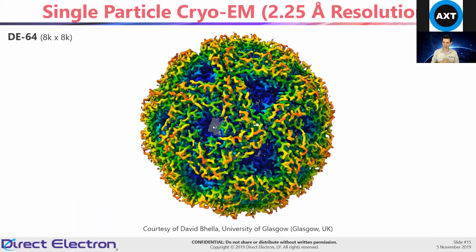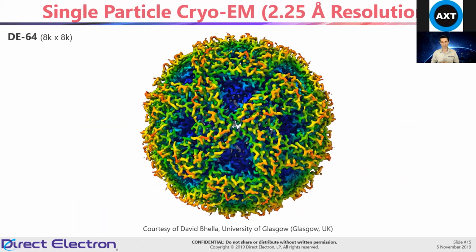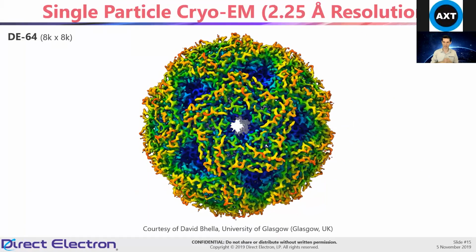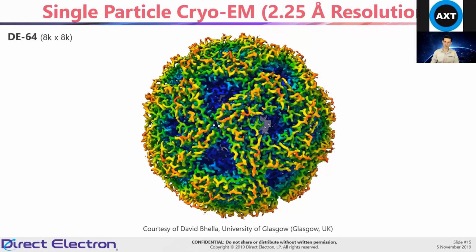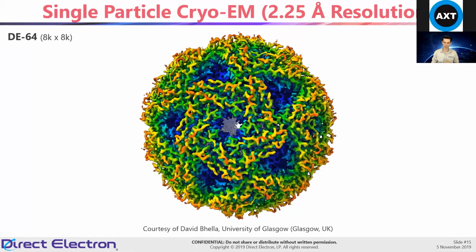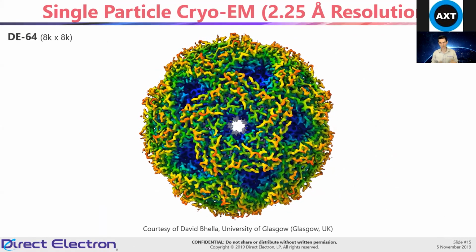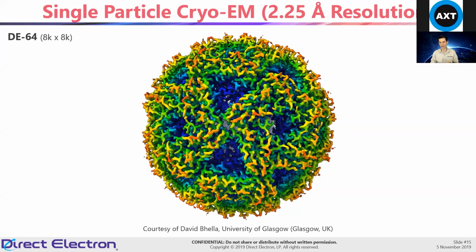But we'll actually start with high resolution single particle, which is what a lot of people are in the market for today. This is from the University of Glasgow, out of David Bella's lab, and this is from a JEOL cryo-ARM 300 with a DE64 run in counting mode. And this is lysozyme synthase. It's about 2.25 angstrom resolution.